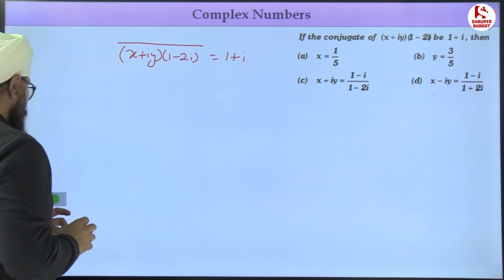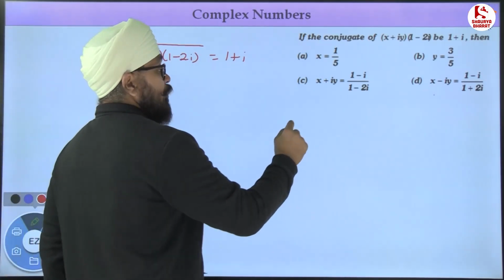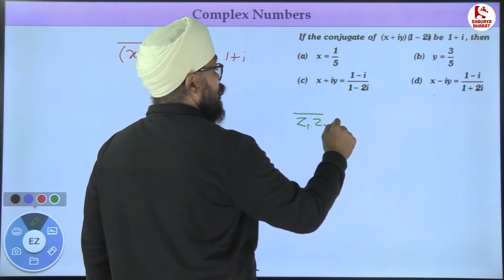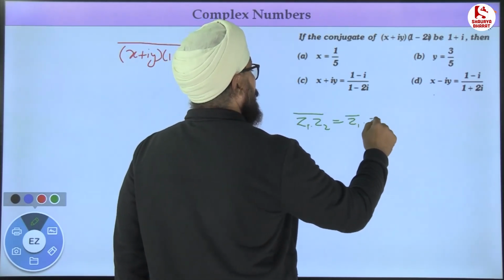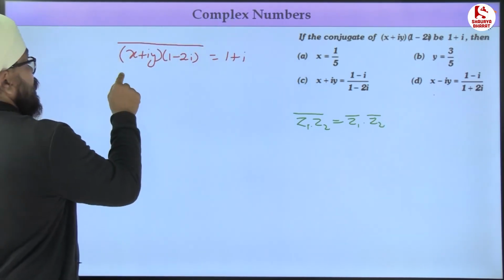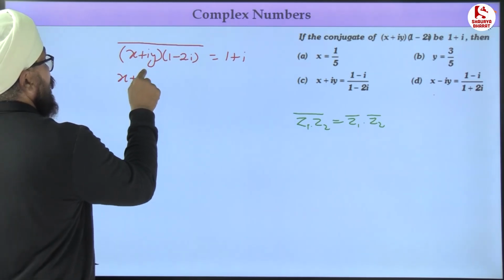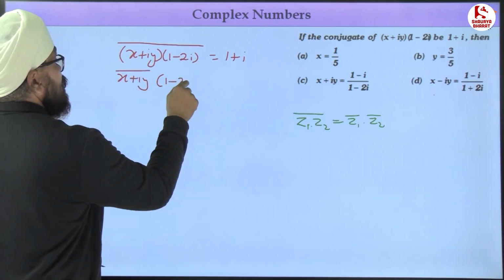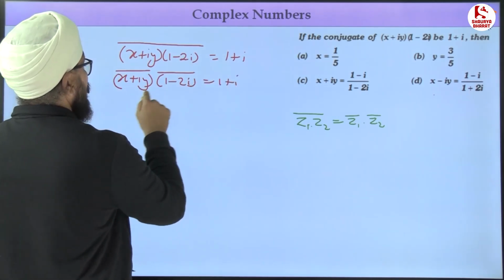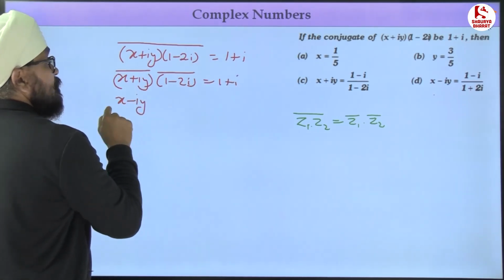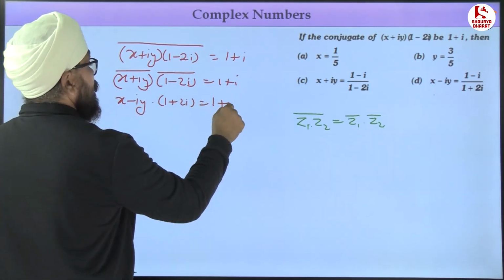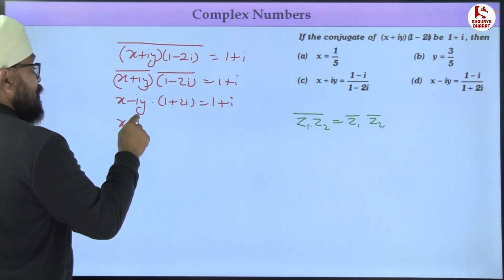So when you apply the concepts of conjugate, where z1 into z2, whenever product is being taken and we want to find the conjugate, it is the product of the conjugates, the property we have already studied. So this can be written as x plus iota y conjugate and 1 minus 2 iota conjugate. So let us take the conjugate separately. This becomes x minus iota y, and this becomes 1 plus 2 iota, which is equal to 1 plus iota.